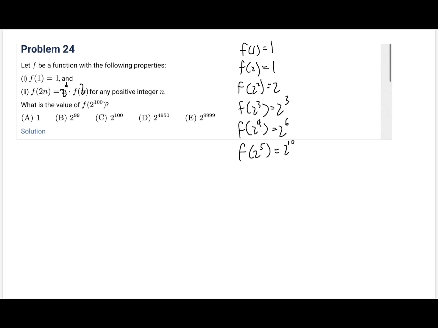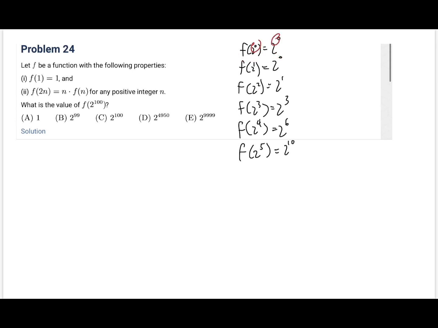If we change these to 2 to the first power and 2 to the zeroth power, and let's change this one to f of 2 to the zeroth power, and this is f of 2 to the first power, then we can see that the power of each result is the sum of the powers in the preceding f's, right?